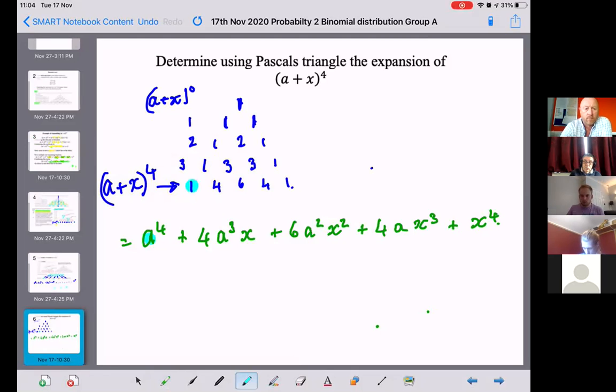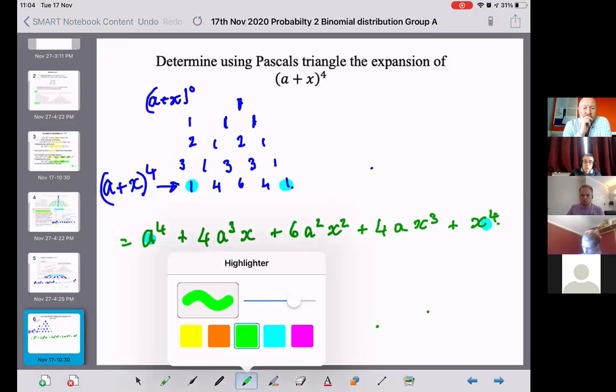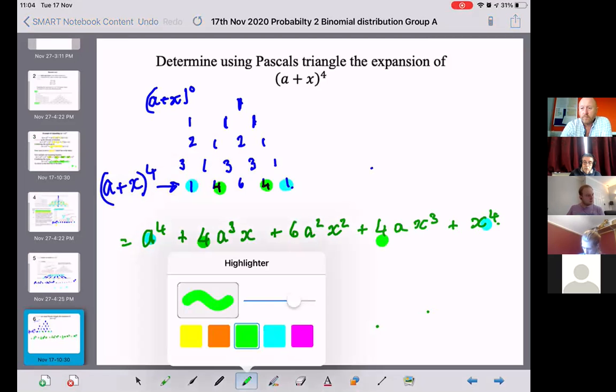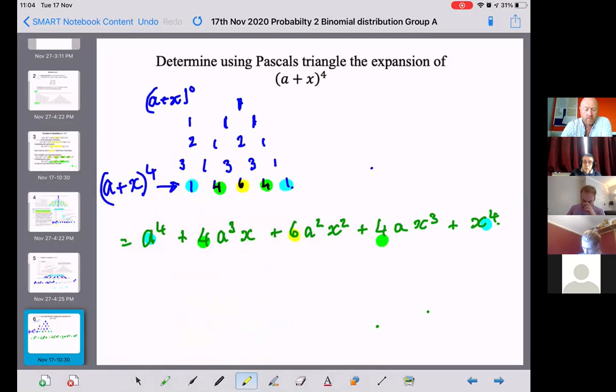So the 2 1s go there, the 2 4s there and there, and the 6 comes from there.